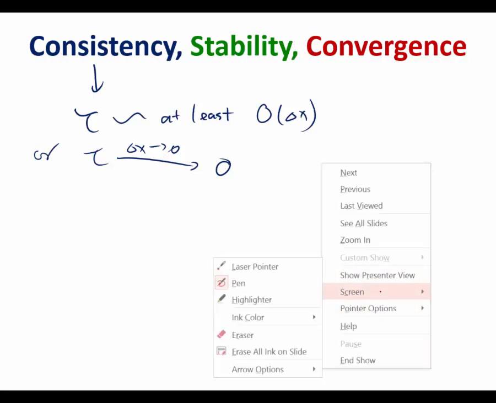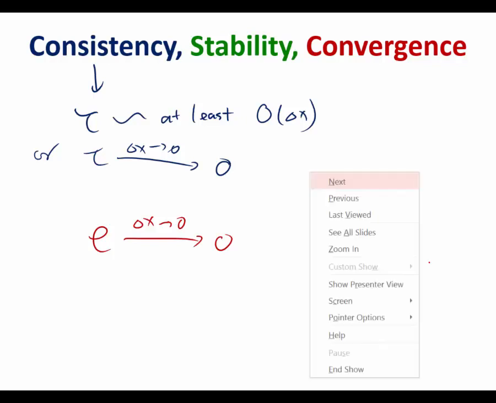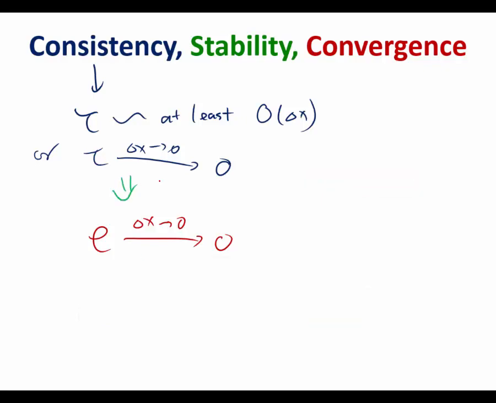Okay, convergence means the solution error goes to 0 as delta x goes to 0. That's what we want. And if you have stability, then consistency means convergence.